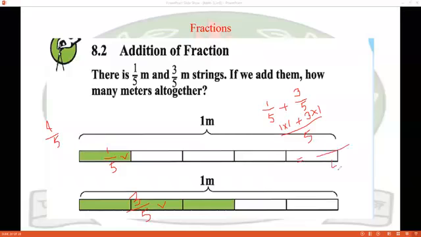So we can write 1 plus 3, we get 4 by 5. In this way, we can find the result of the addition of two fractions.